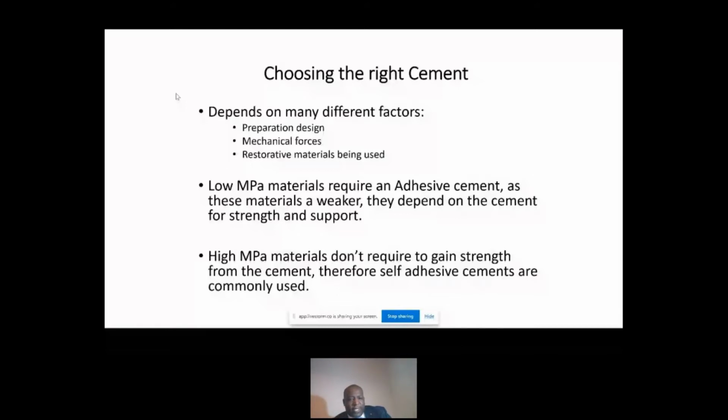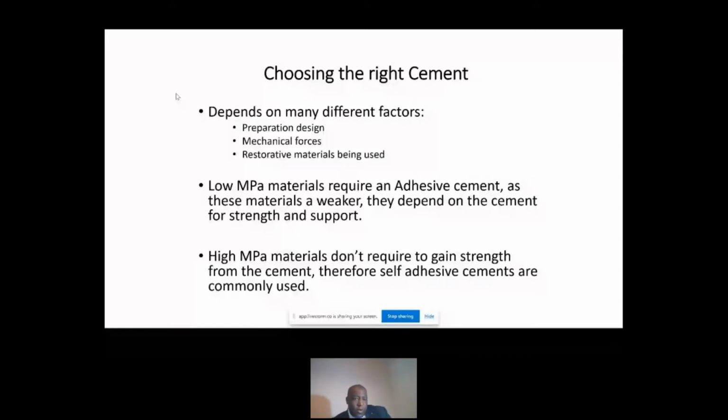As we said, we need to consider each case. Consider the tooth. What's the preparation design like? What are the mechanical forces? And then decide what's the best cement for that particular occasion.